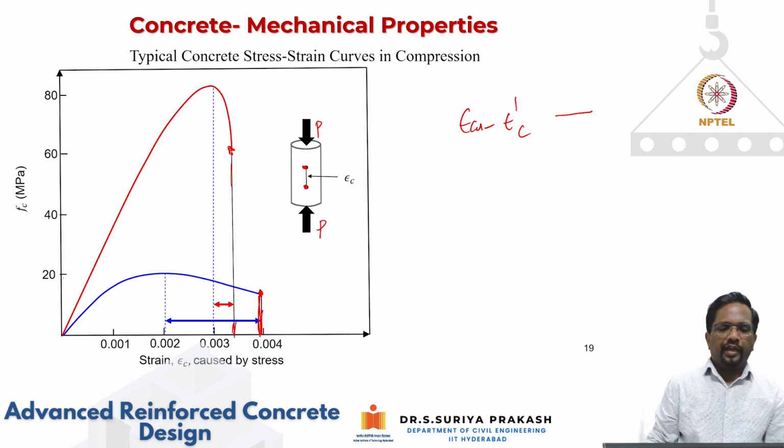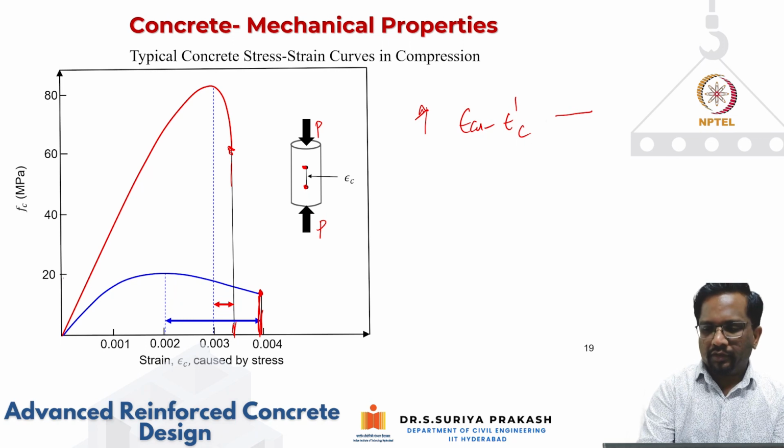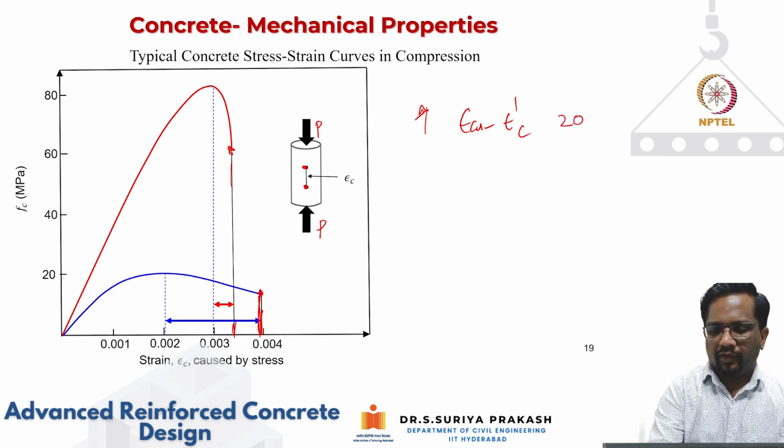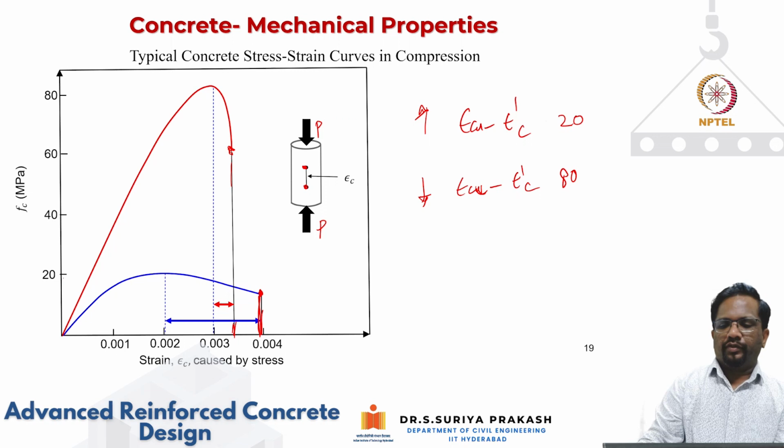However, if you go for 85 megapascal concrete, the red one that we are seeing here, the difference is less. For 20 megapascal it is larger; for 80 megapascal, epsilon Cu minus epsilon prime C is actually lesser.